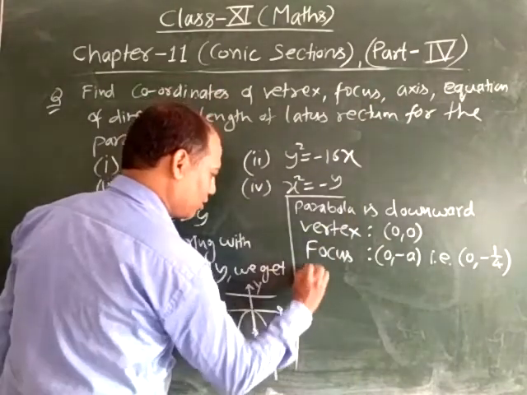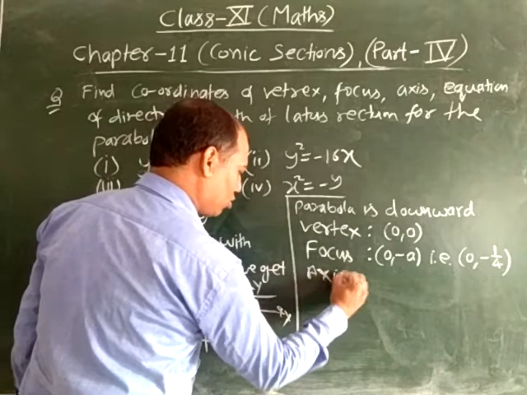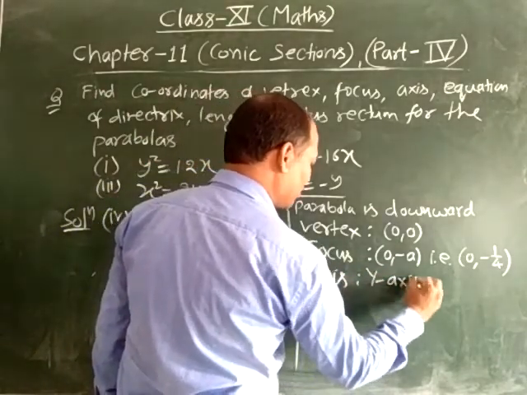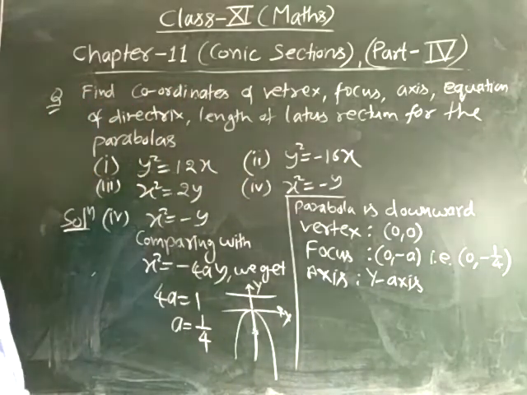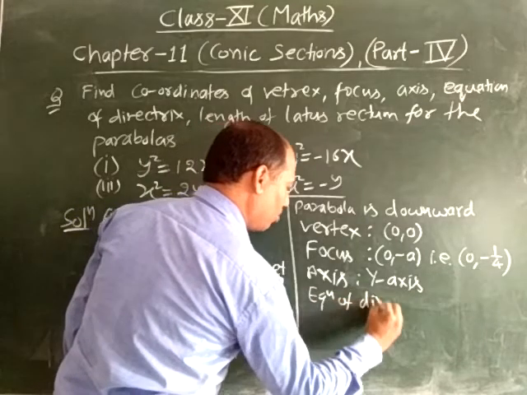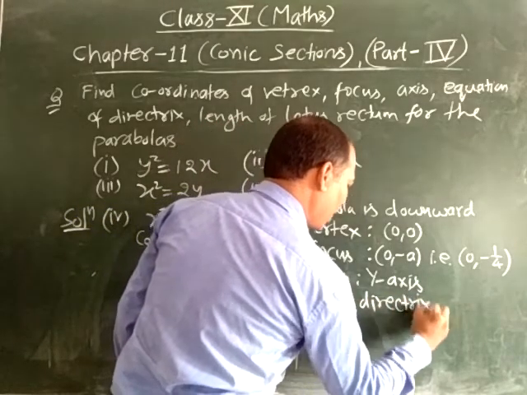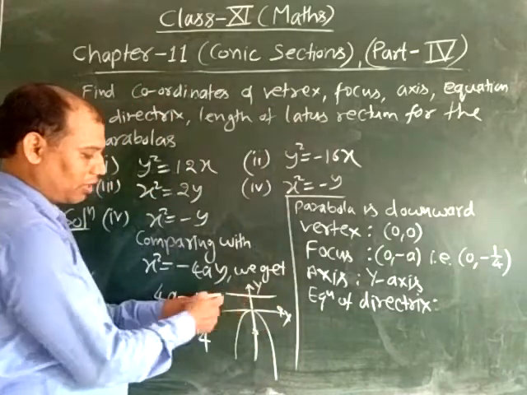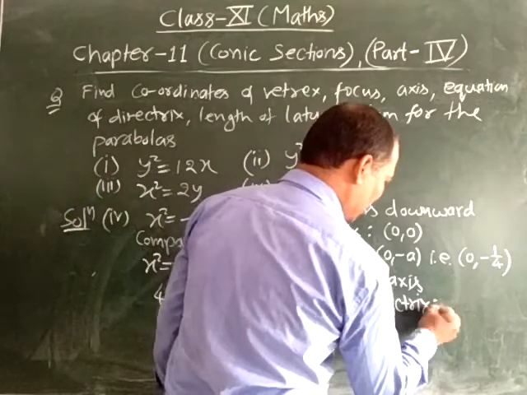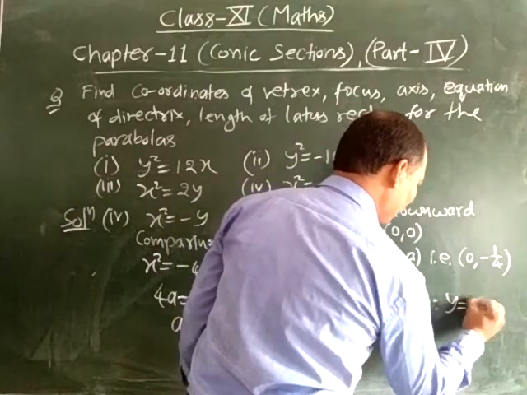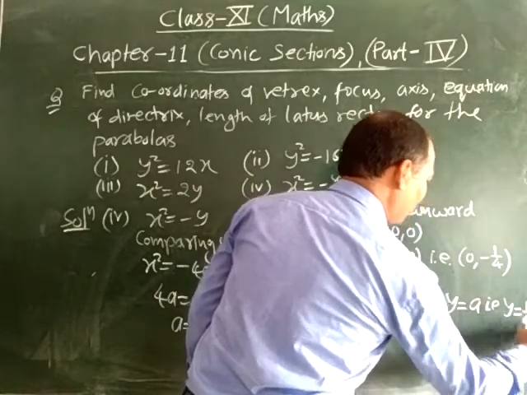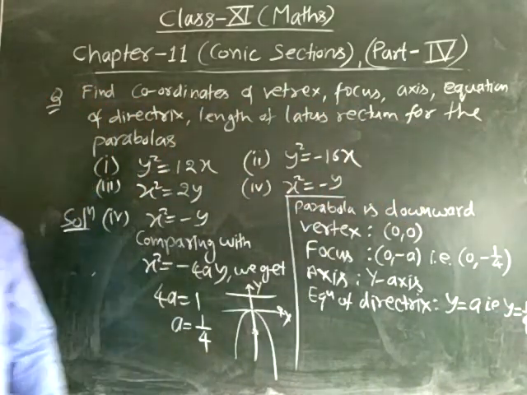And axis of symmetry is the y-axis. Next is equation of directrix. Directrix is parallel to the x-axis. So the equation of this line is y equal to a, that is y equal to 1 by 4. This is the equation of the directrix.